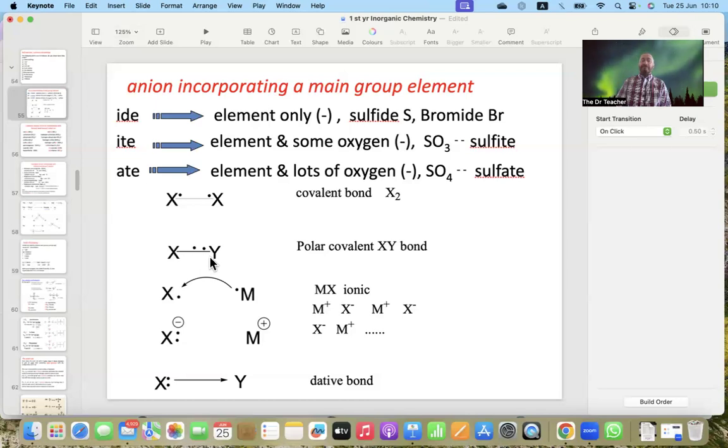So that will be polar, because one atom loses the electron temporarily or partially, and the other atom gains these 2 electrons beside it, and then the bond will become polar. So here we have a polar covalent bond, XY.